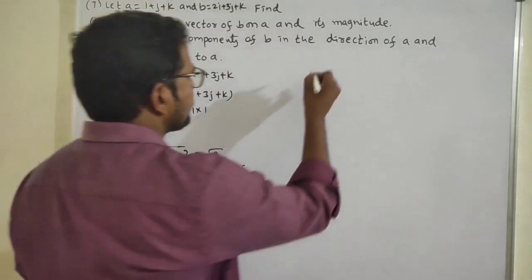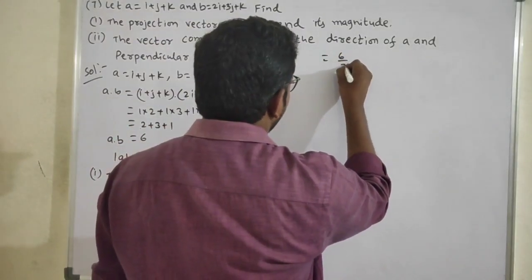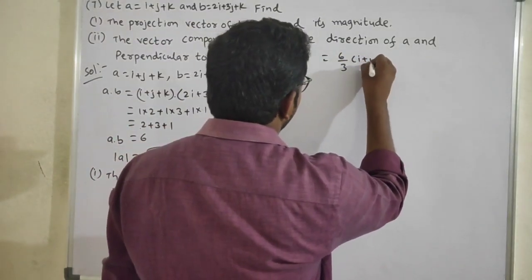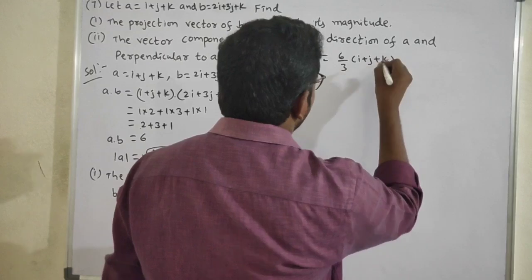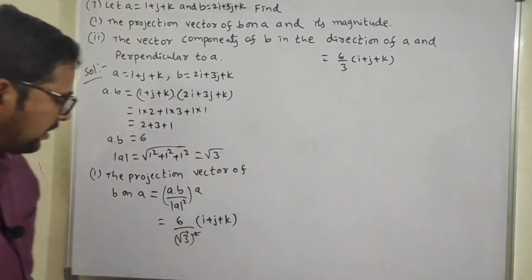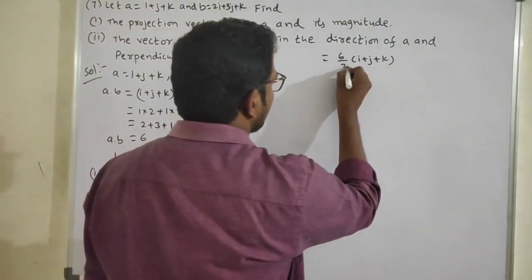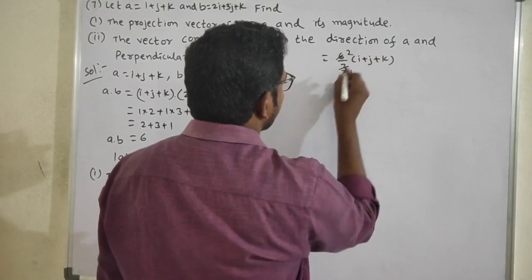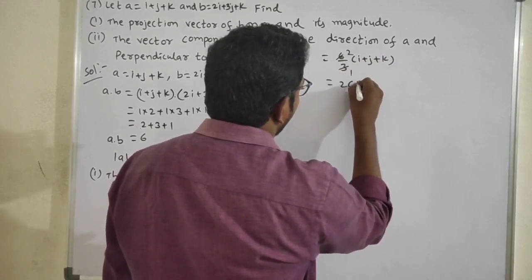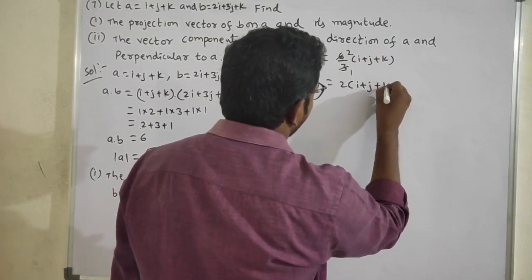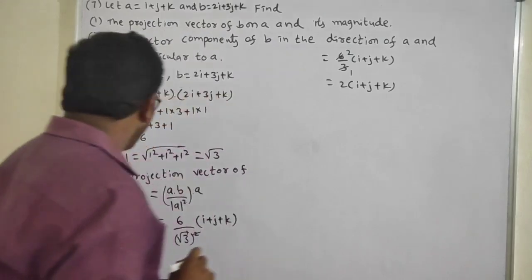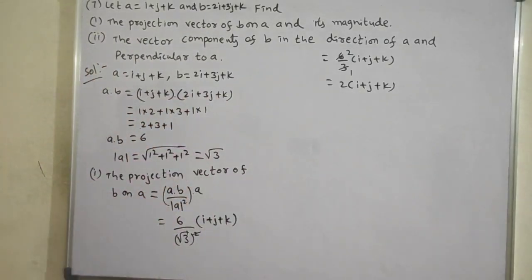What is the remaining? 6 by 3 into i plus j plus k. 3 ones are 3, 3 2s are 6. So it is equals to 2 into i plus j plus k. This is the projection vector of B on A.